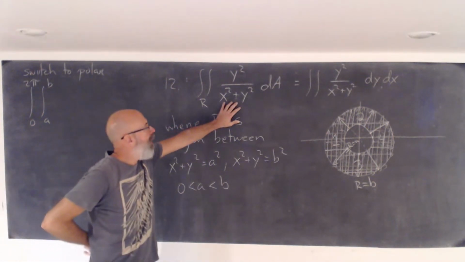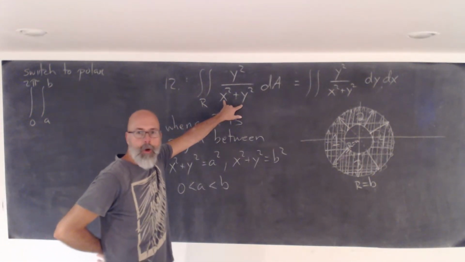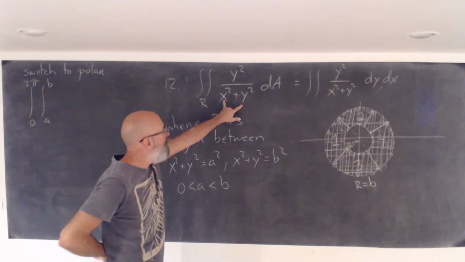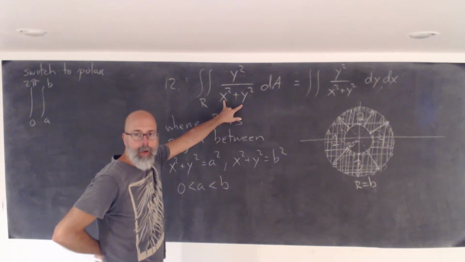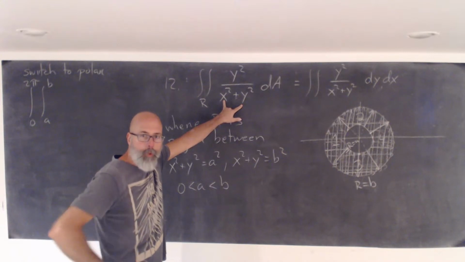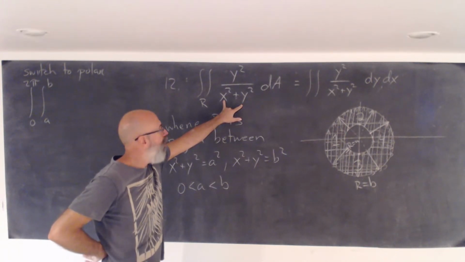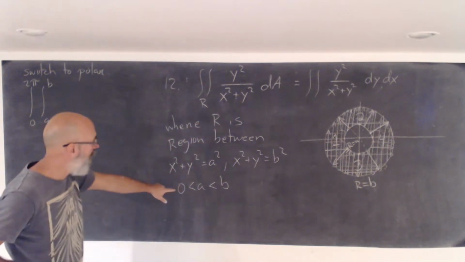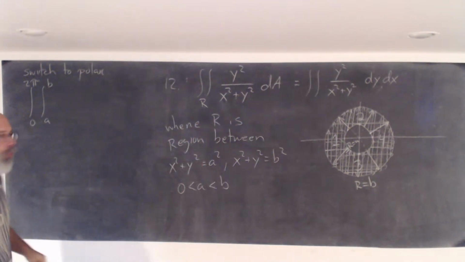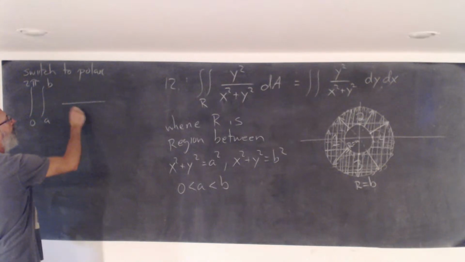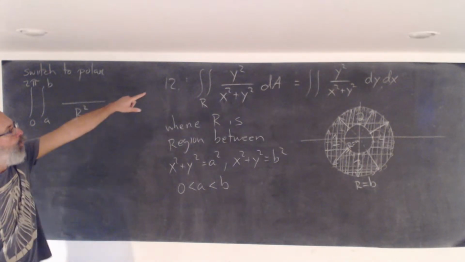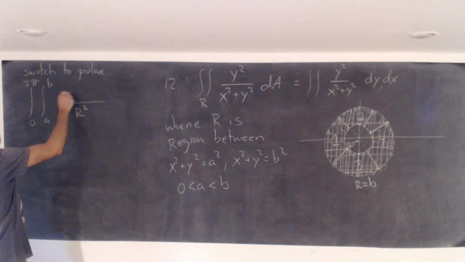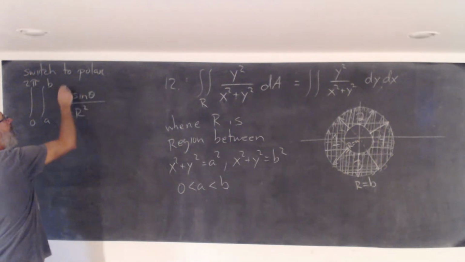Now look at your integrand. X squared plus y squared in the denominator. You know in polar coordinates, this is very nice. X squared plus y squared in polar coordinates is r squared. Y is r sine theta.